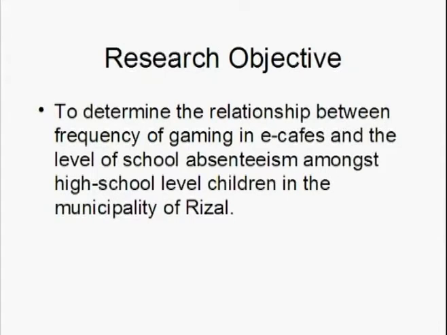The objective of this research is to determine the relationship between the frequency of playing games or gaming in e-cafes and the level of high school absenteeism in children in the municipality of Rizal. So we're focusing on high school level children. There is this relationship or association that we want to study.